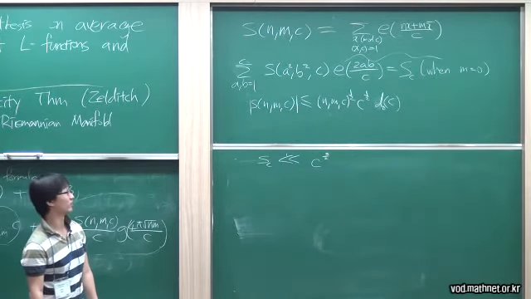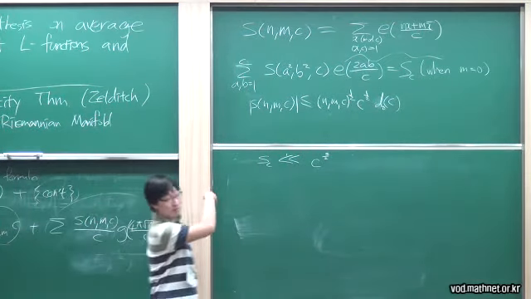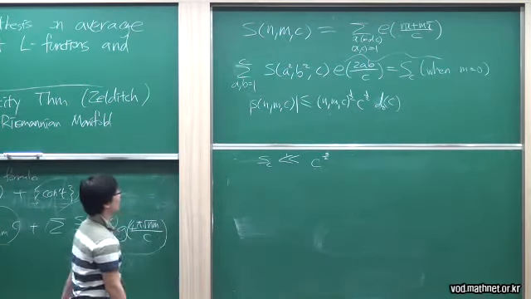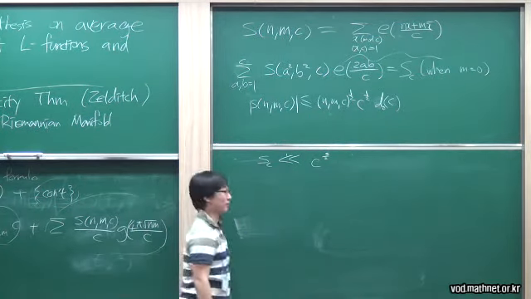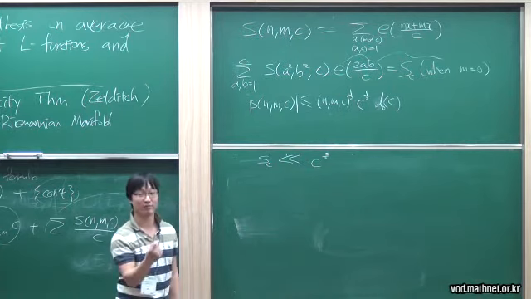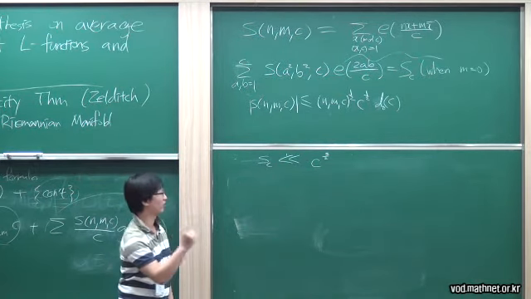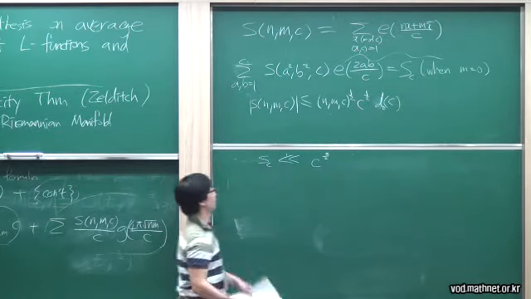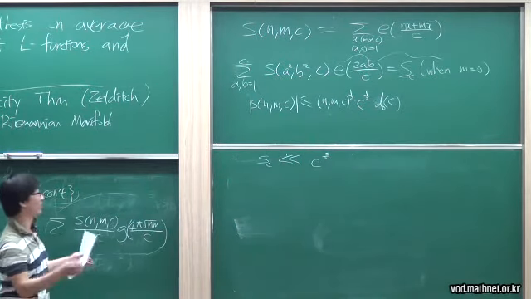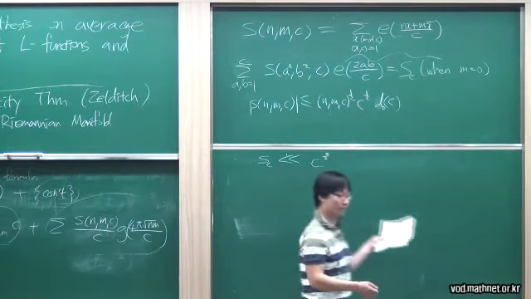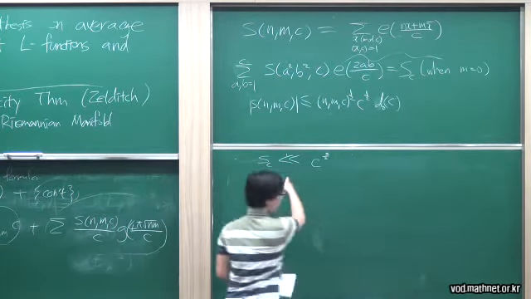So if you don't consider the cancellation coming from the sum over A and B, then you'll be getting C to the 5/2. But if you just evaluate the Gauss sums, then you'll be getting C to the 3/2. So you have an extra saving of C. And in fact, if you play with some special C's, for example, if C is a prime, then this bound is sharp.